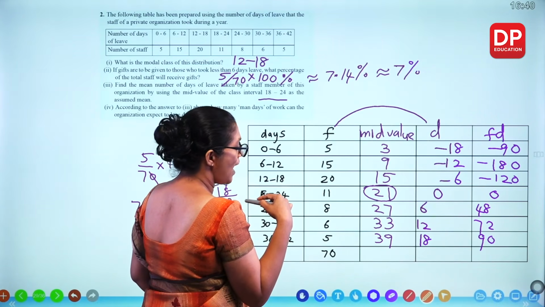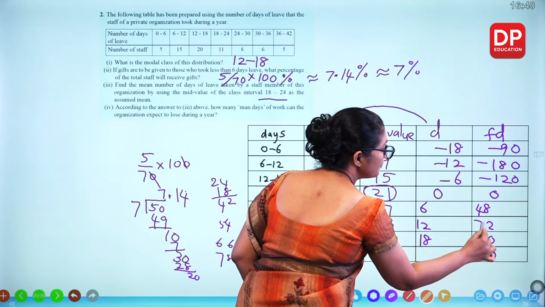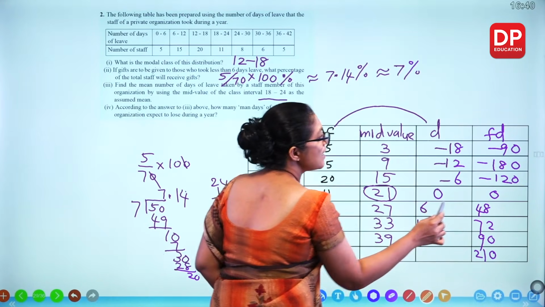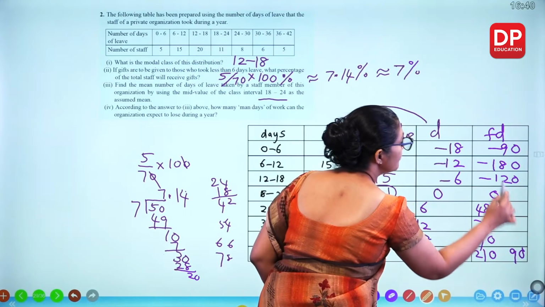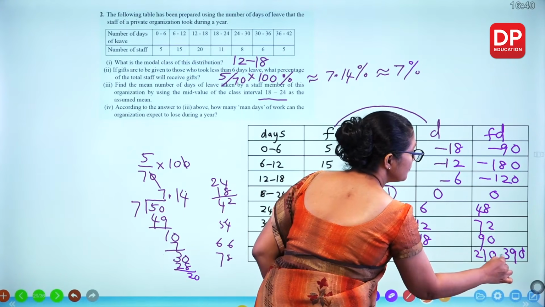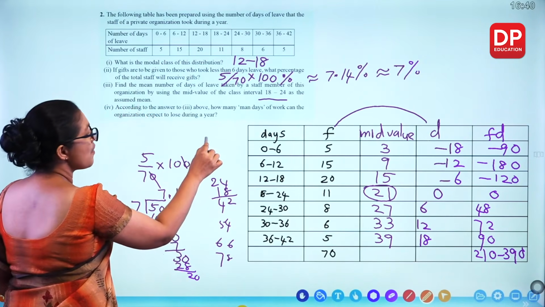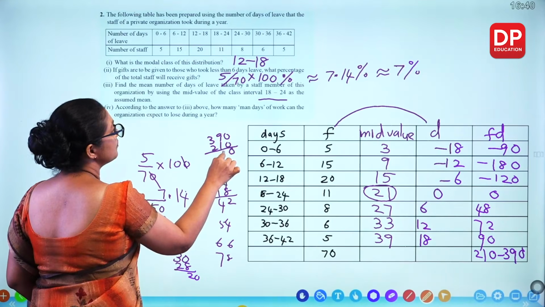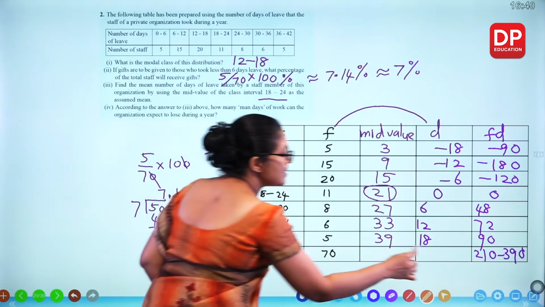Now add the positive values separately: 210. Negative values, you get minus 390. Now take the difference: 390 and 210, minus 180.